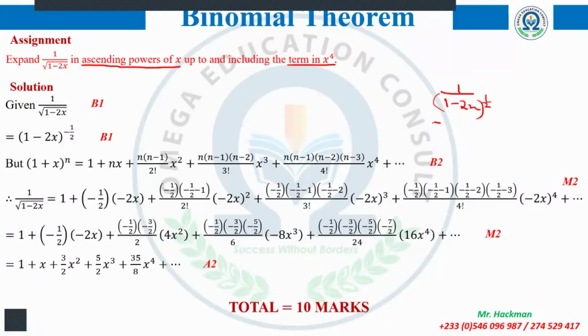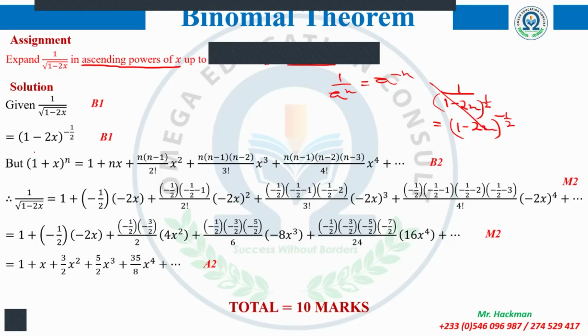So if you bring it up, we are going to get 1 minus 2x all to the power minus 1 on 2. Remember, 1 over a to the power n in indices is equal to a to the power negative n. Take note of that. If this happens to be your rough work, don't forget to cancel it either now or in the future.